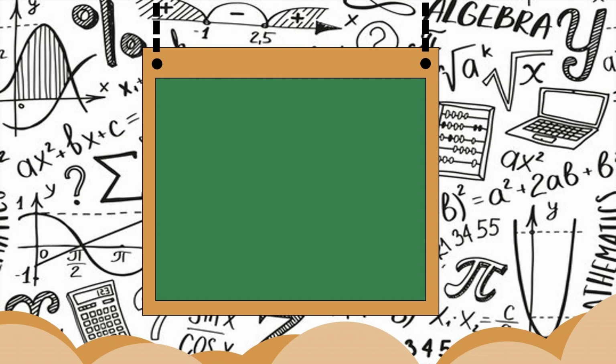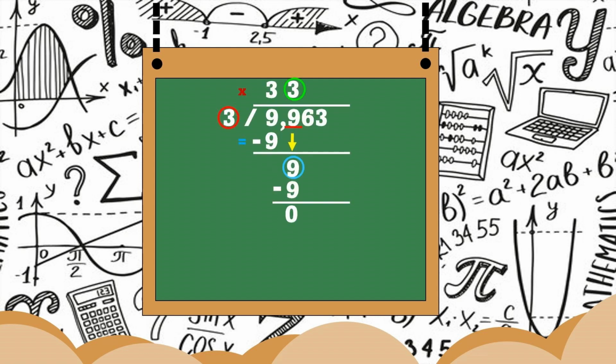So, let's proceed to our next step. For our second step, we will look at our second term or the second number. Our second number is 9. As you can see, in our second step, we didn't put the 0 as it represents no value or no quantity. For our second term, we will bring down the number 9, which we will divide by 3.